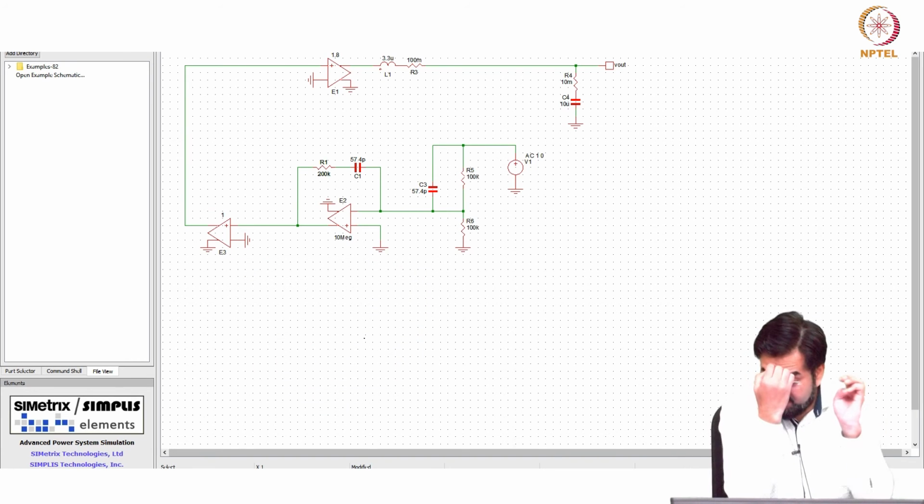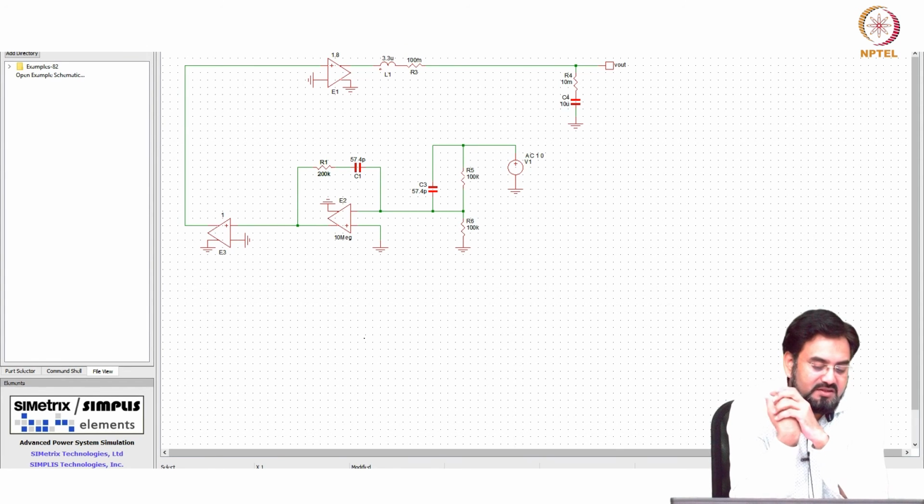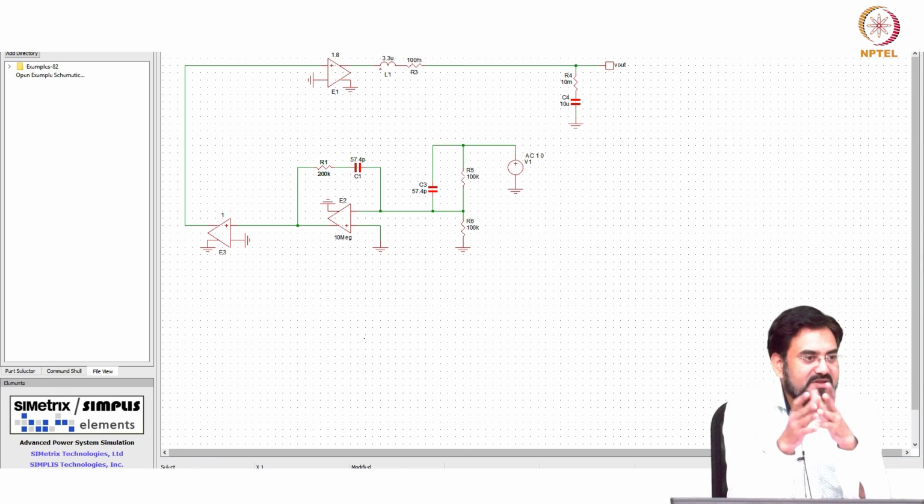So my UGB should be how much? 100K, and phase margin. So phase margin will depend on two factors. One is Z2 and Q. If Q is very high, then you know that by the time you hit omega UGB, the phase shift due to LC will be 180.